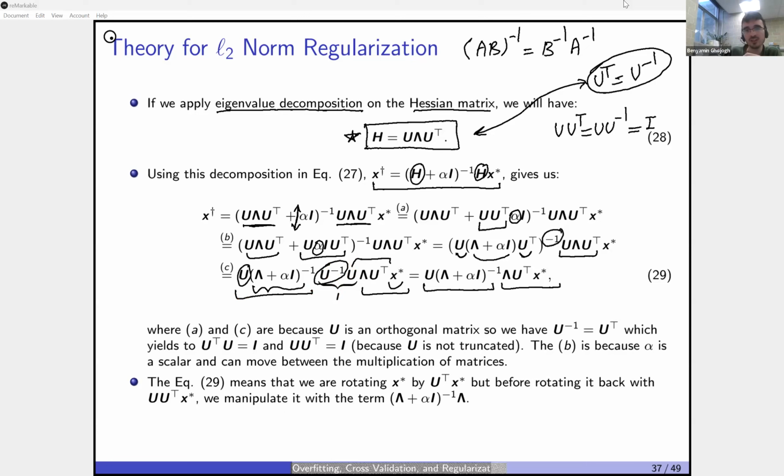We could simplify the solution x dagger by the eigenvalue decomposition of H. Now, what does equation 29 mean? What is U transpose x star? It's the projection of x star onto the column space of U. For more information on this, see the preliminaries of my courses, Statistical Machine Learning and Deep Learning.